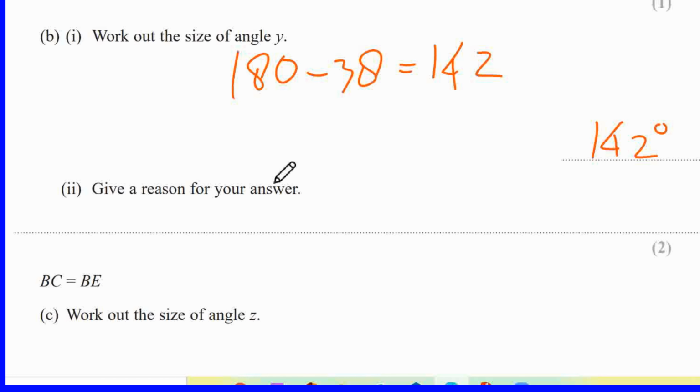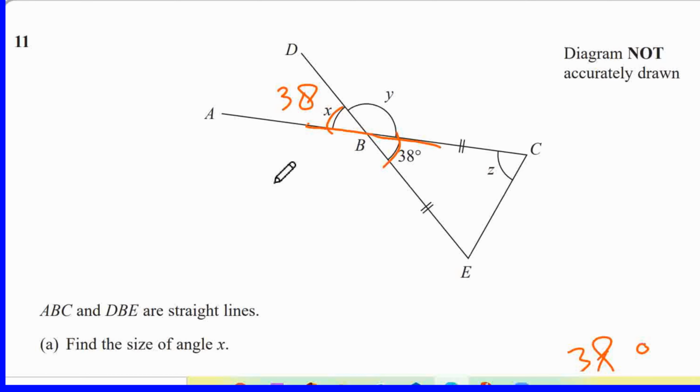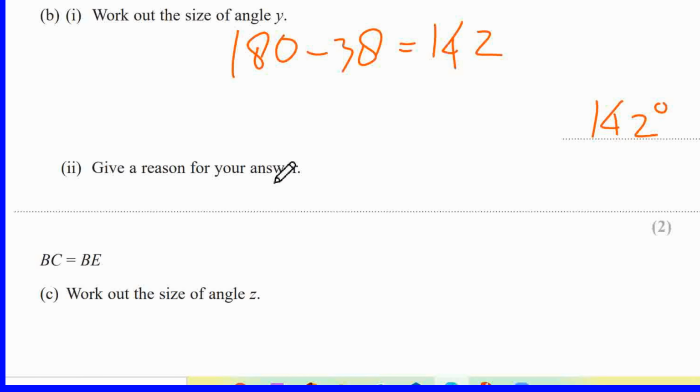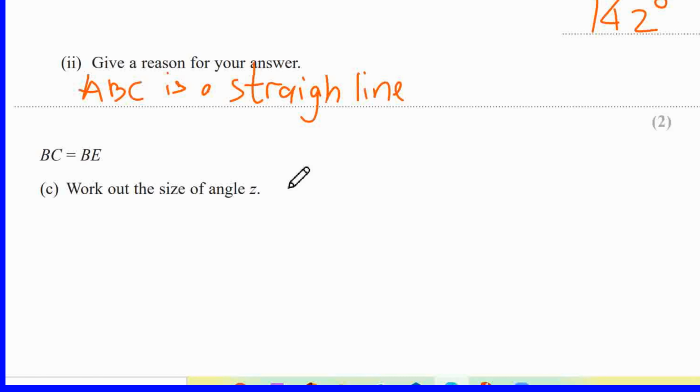And give a reason for your answers, because ABC is a straight line. And angle ABD and DBC form a straight line.